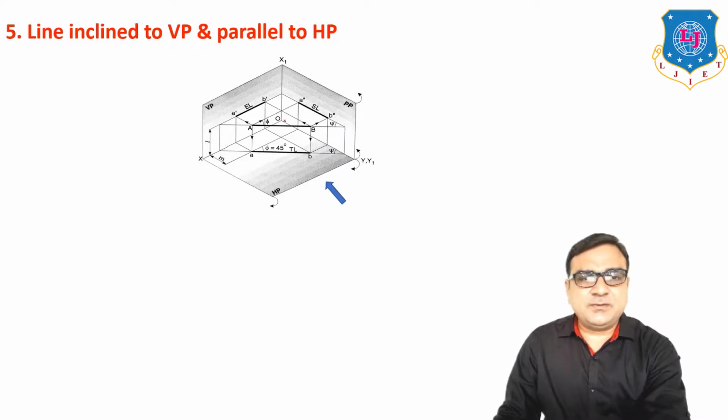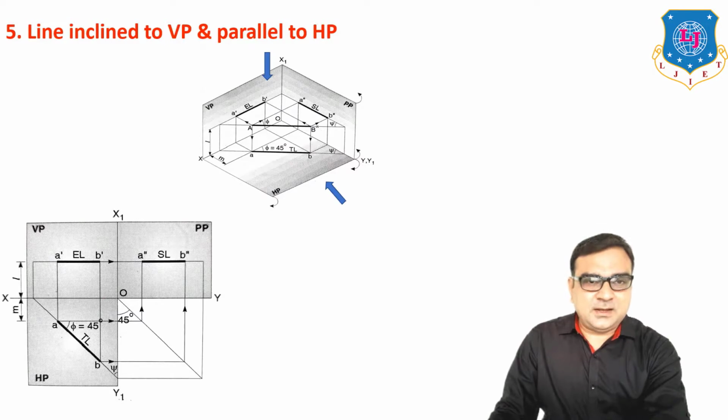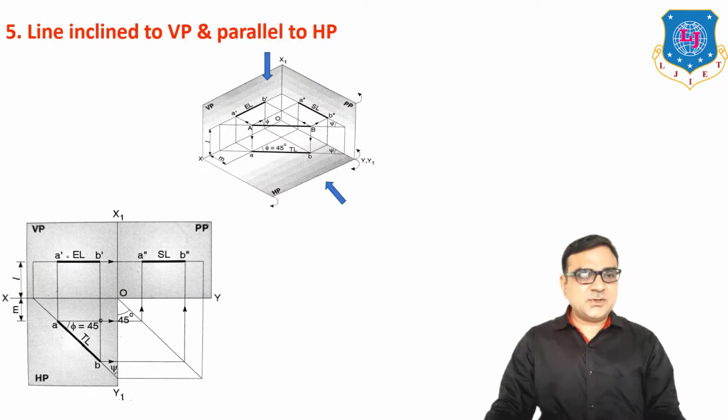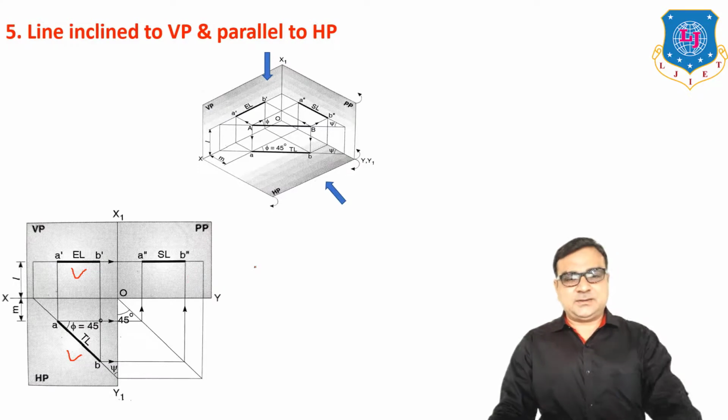The front view of the line, A dash B dash on VP, will be less than true length, and the top view of the line on the horizontal plane is true length because the line is parallel to HP. The side view on the profile plane is also less than true length. So here front view A dash B dash, top view AB. The top view is inclined 45 degrees with VP, and the side view line.